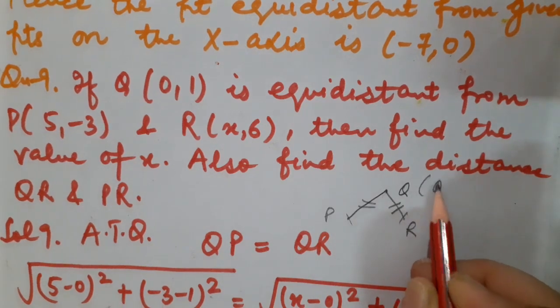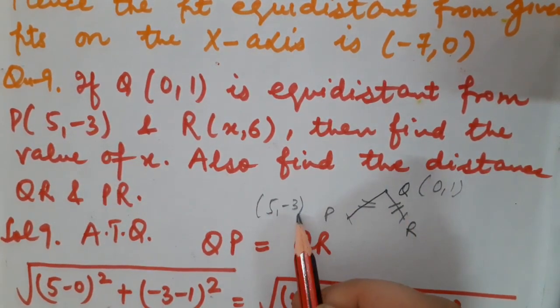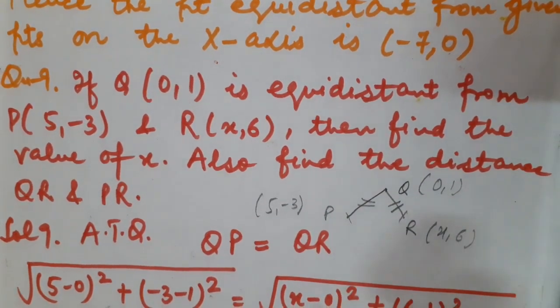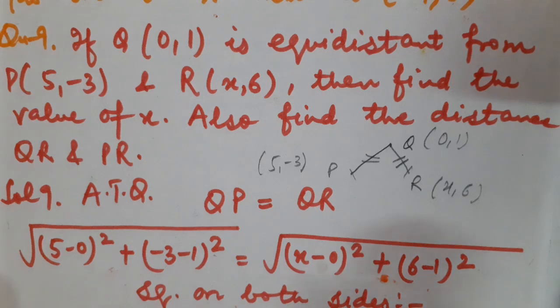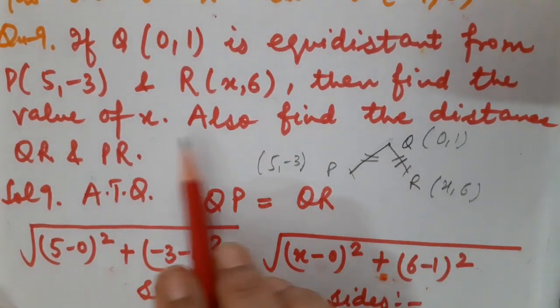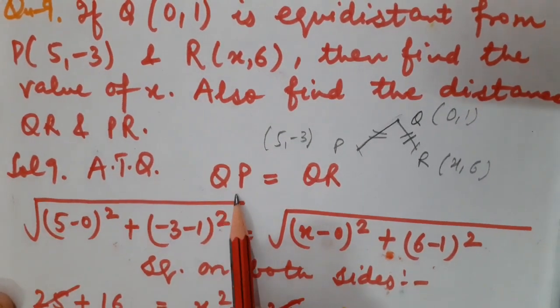Okay. Now, we will be having the coordinates given. Of Q, we will be having 0, 1 given. For P, we will be having 5, minus 3. And for R, we will be having x, 6. Fine students? Okay. Now, I am going to calculate the distance QP and QR as it is given that both the distances are equal. So what would be QP?